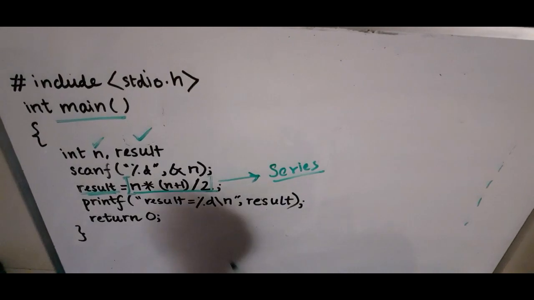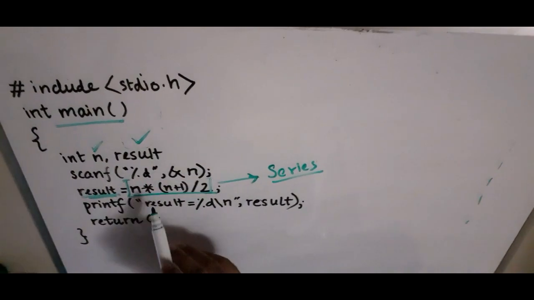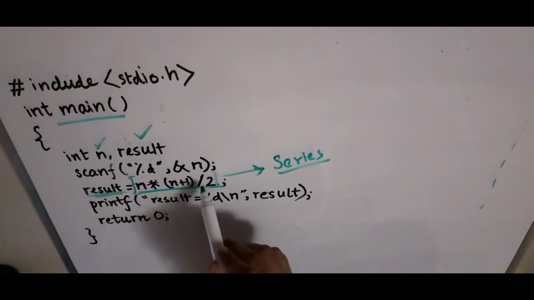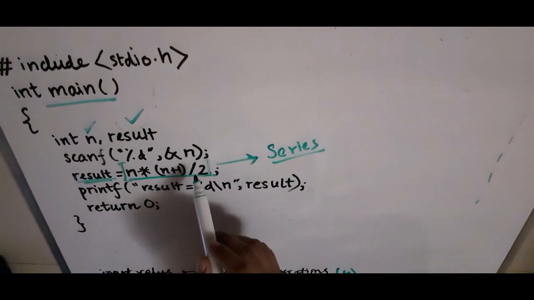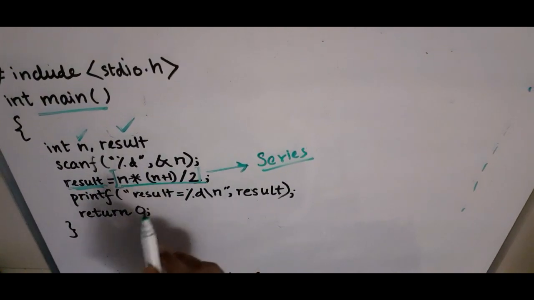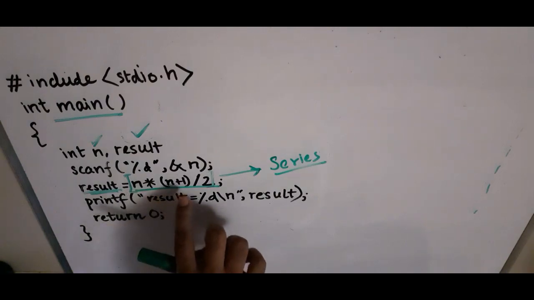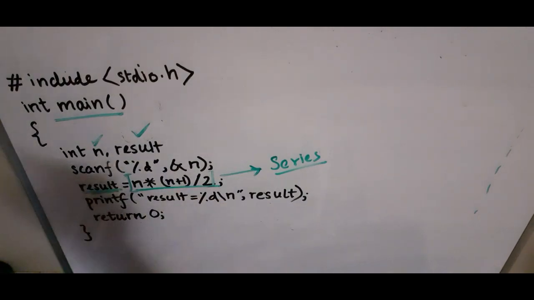So how many operations are there? Altogether there are 4 operations. What are they? We have this multiplication operation, then this addition operation, followed by this division operation. These are all mathematical operations, and this value is being stored in the result.